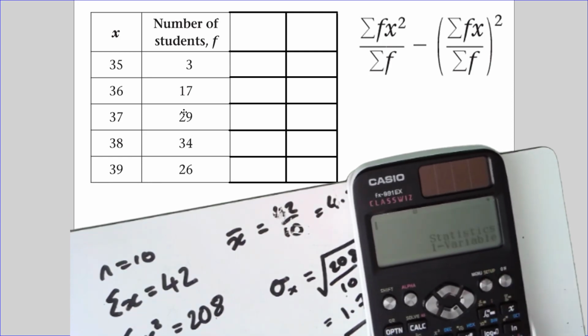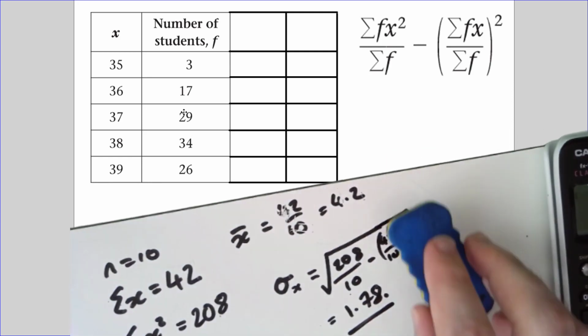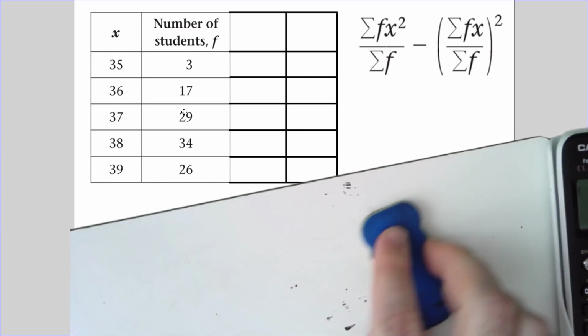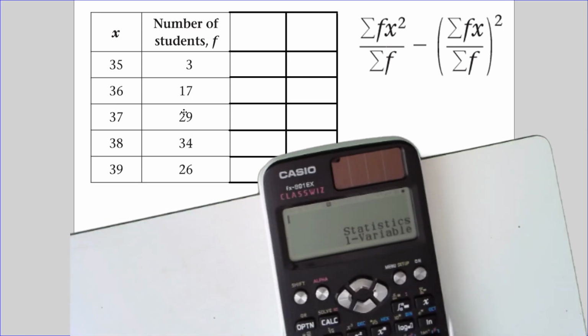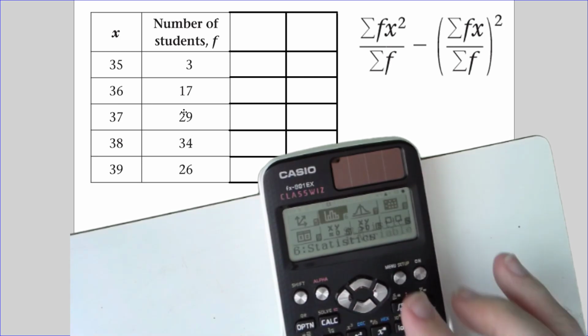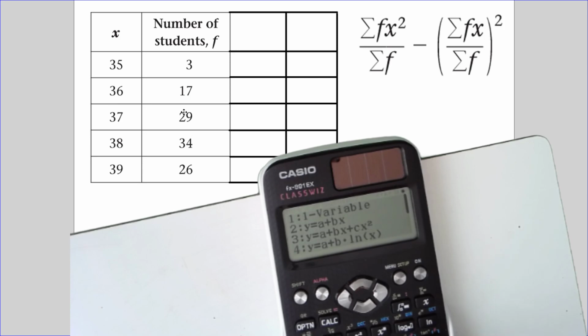So instead of, let me get rid of this from before. Instead of doing every single little bit of this by hand, drawing out a table, we're going to use the calculator to do it. So going back on one variable, we're going to enter this data.